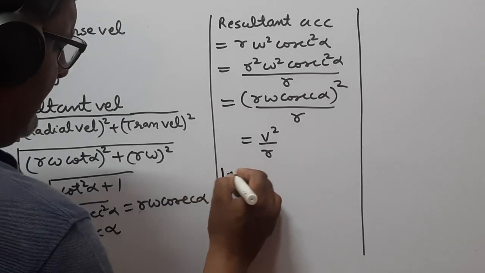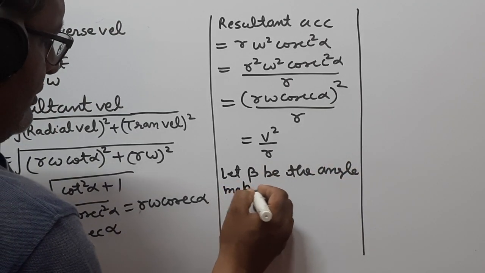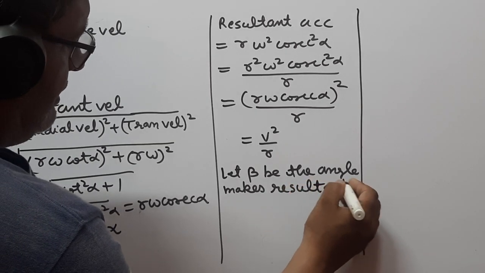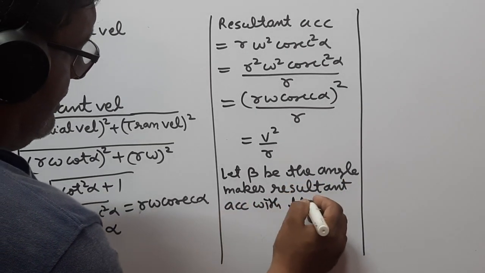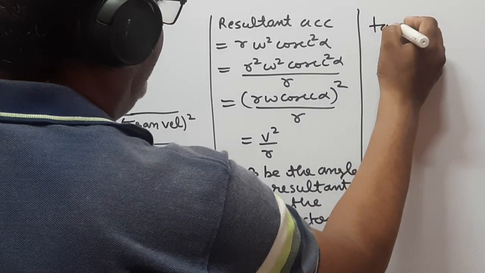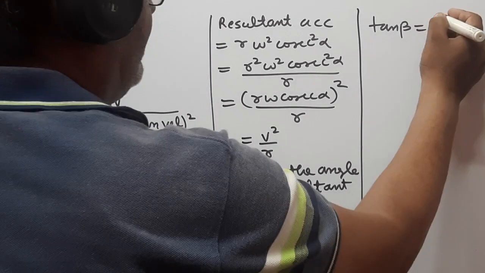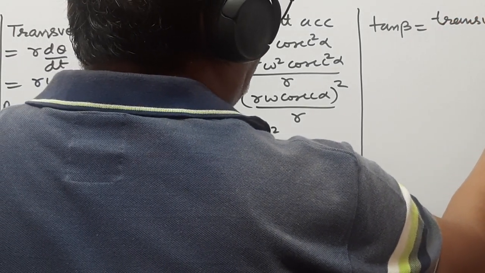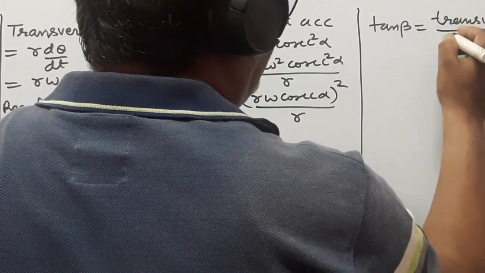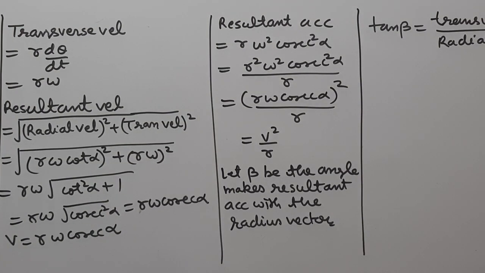So tan β can be obtained by the formula: transverse acceleration divided by radial acceleration.